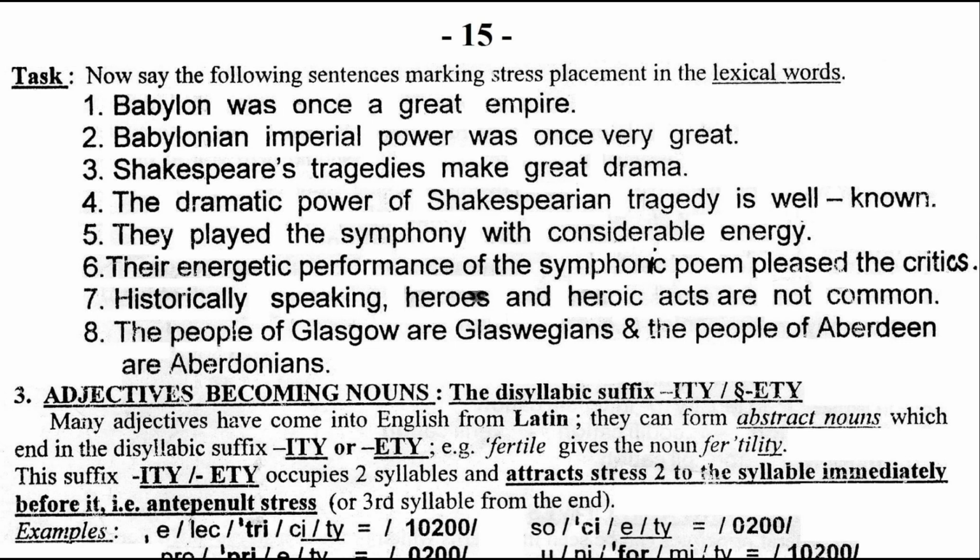We keep the stress as it was in the root. So the root is consider. So the stress here is on con, considerable. Energy is a noun and the stress is on en, energy. They played the symphony with considerable energy.